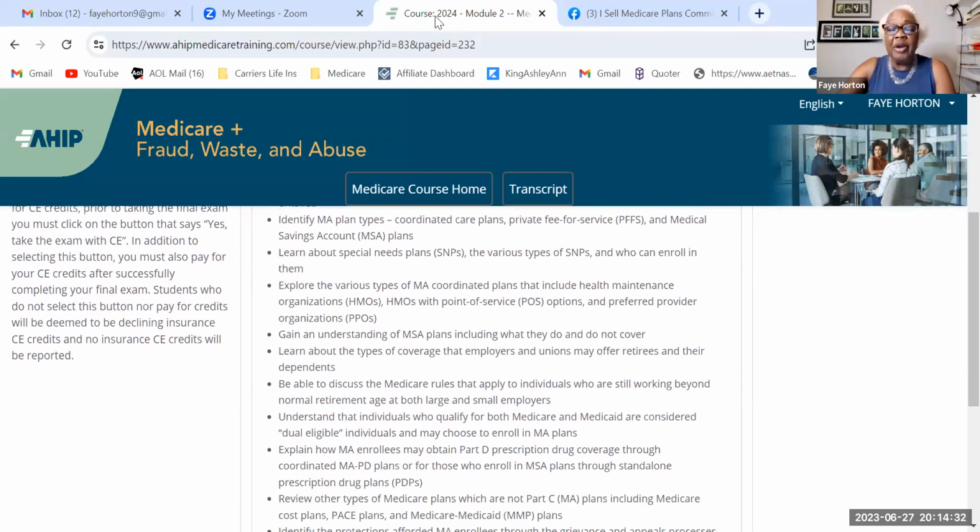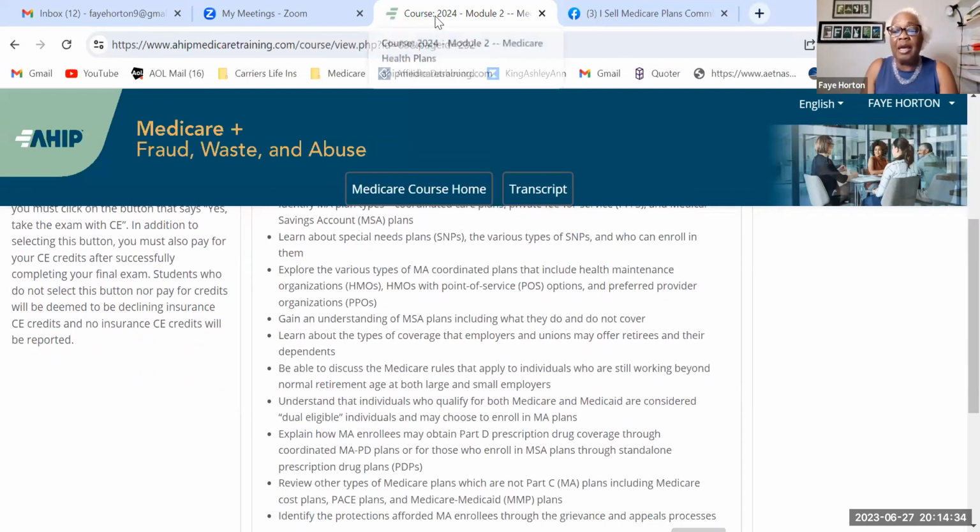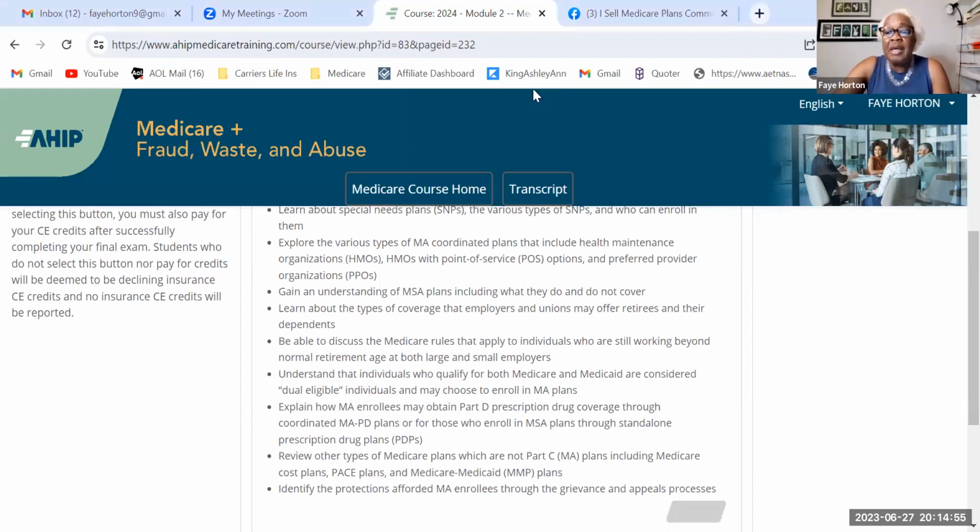You will explore the various types of Medicare Advantage coordinated plans that include health maintenance organizations, health maintenance organizations with point of service, so HMO, POS, and preferred provider organizations. You'll gain an understanding of the MSA plans, what they do and do not cover.